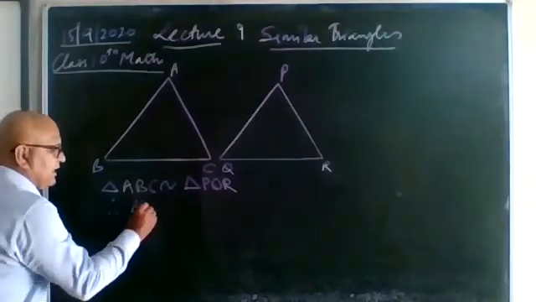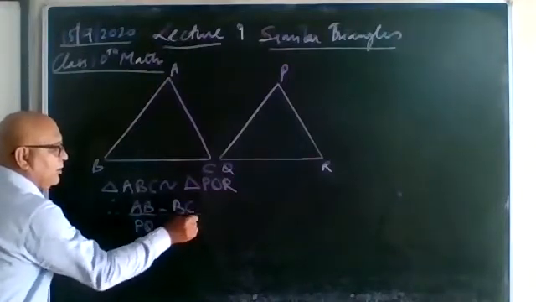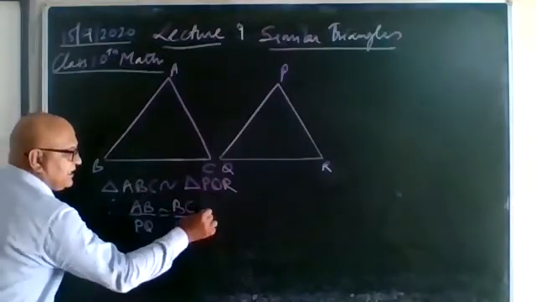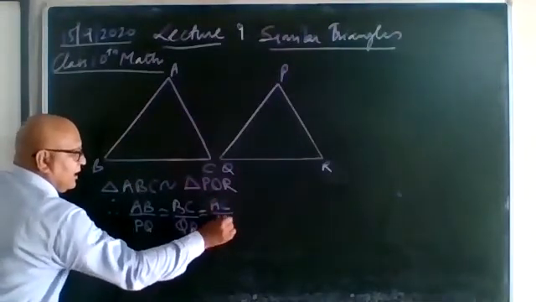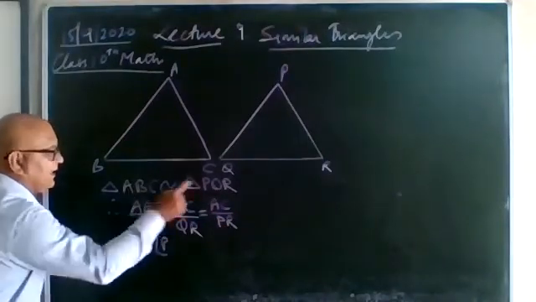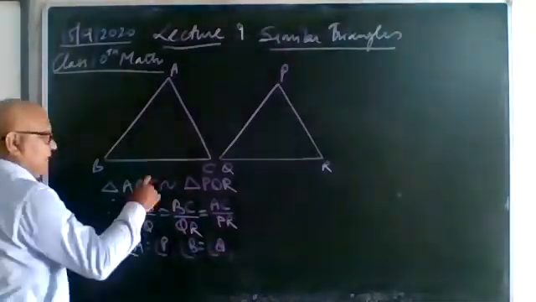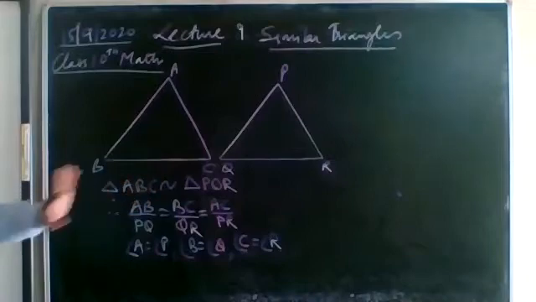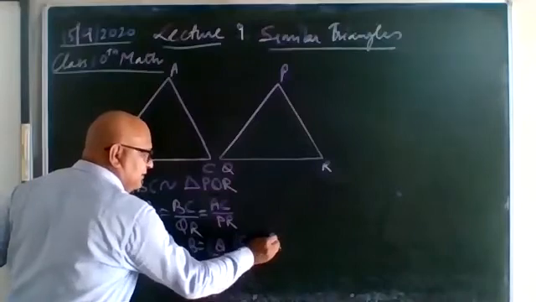Therefore, AB upon PQ, BC upon QR, AC upon PR. Angle A equals angle P, angle B equals angle Q, angle C equals angle R.